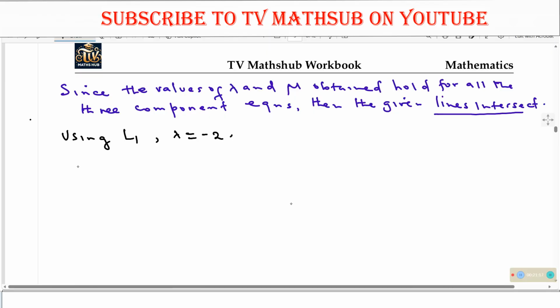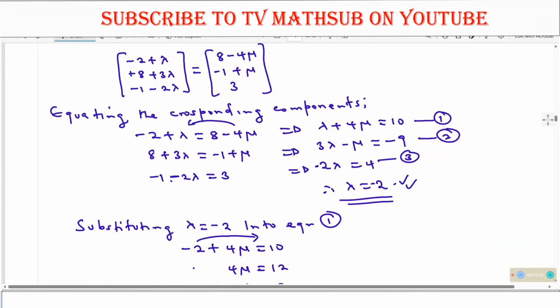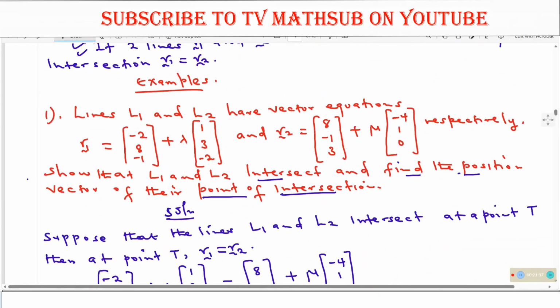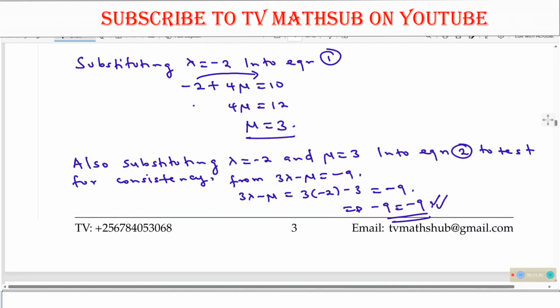So L1, it was R equal to (-2, 8, -1) plus lambda into (1, 3, -2). So that is what we had.